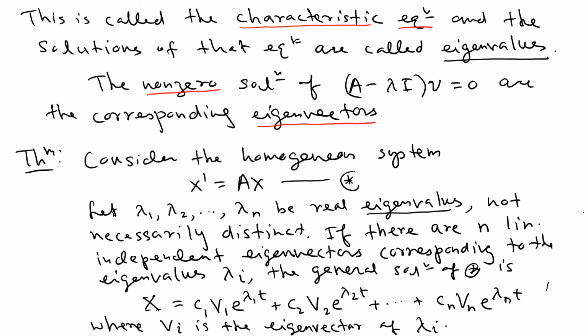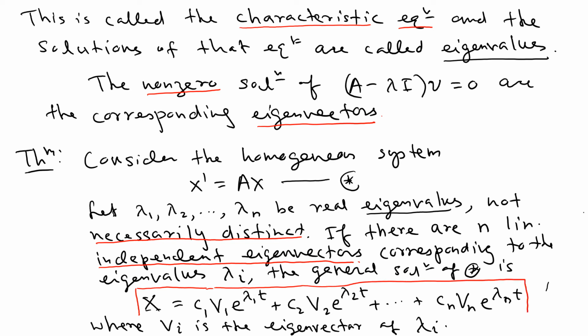If those eigenvectors are linearly independent, that's the interesting part, it has to be linearly independent, then this is the general solution. We also say that the eigenvalues may not be distinct, they can even be equal, but the only thing is that the eigenvectors have to be linearly independent. If that is the case, then we can write the general solution in this form. So this is the general solution.